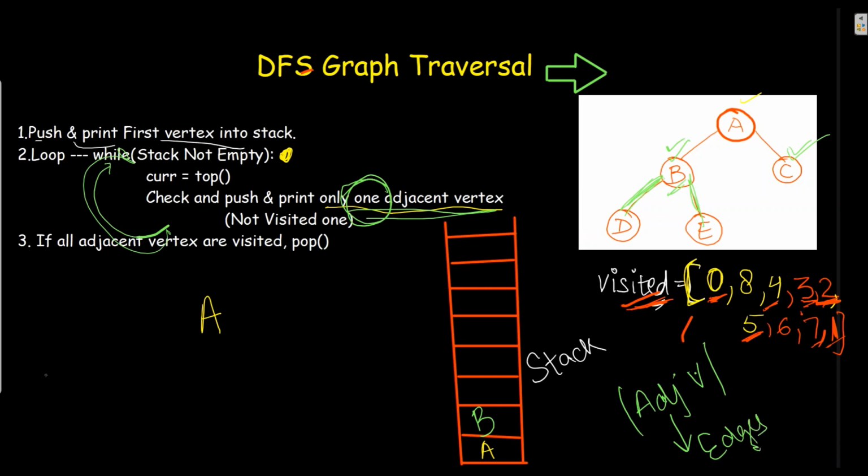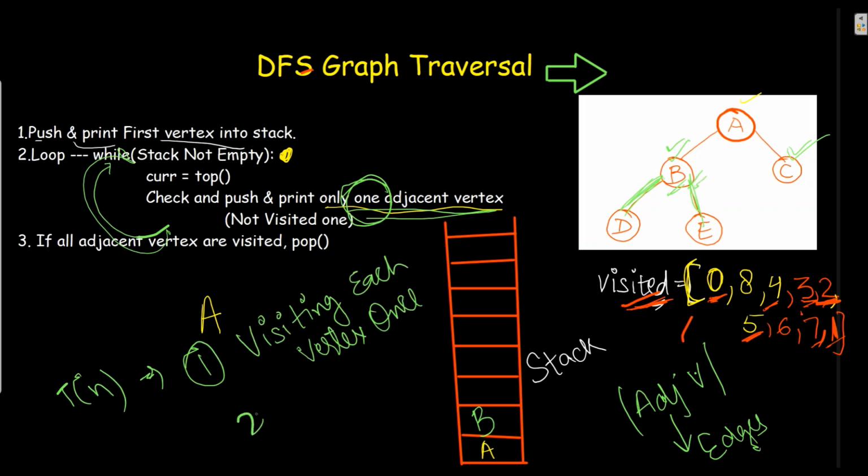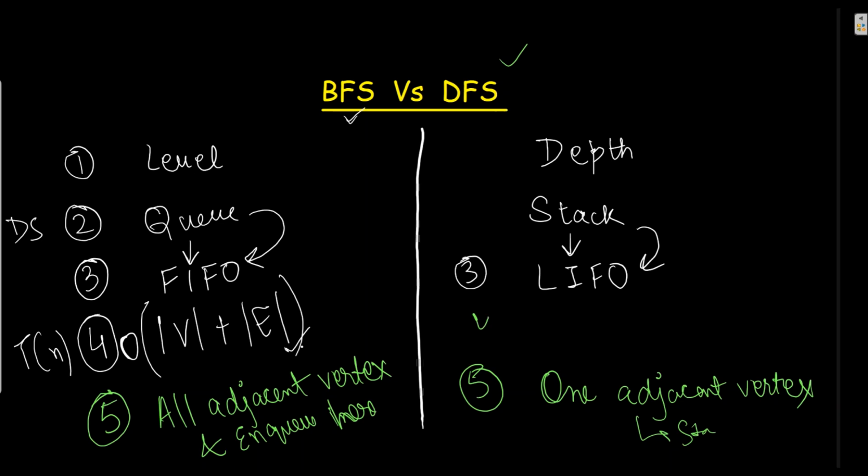Coming to its time complexity, we are visiting each vertex once, and also visiting adjacent vertices, which are edges. So the time complexity will be order of V plus E, where V stands for vertices and E stands for edges. So the time complexity of DFS is also order of V plus E.